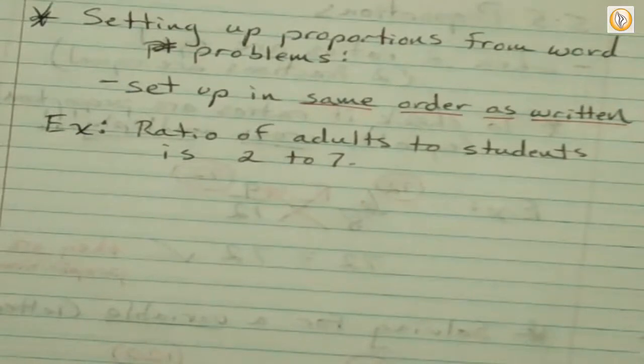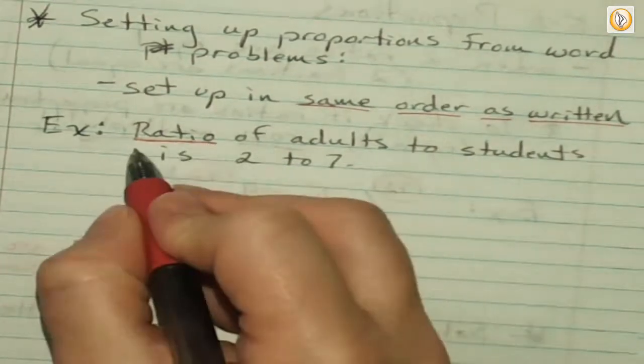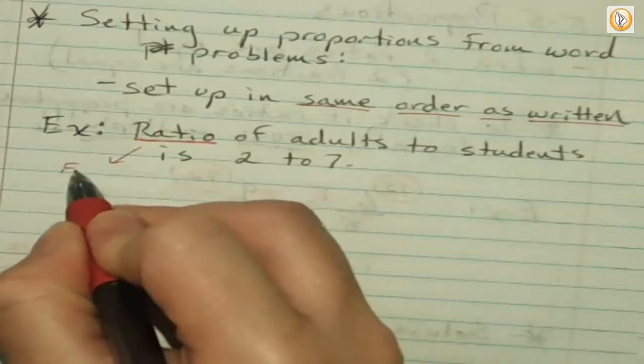So how many adults are there? 2. How many students are there? 7. All right, what is a ratio again? What does it look like? A fraction. That's right, it looks like a fraction.